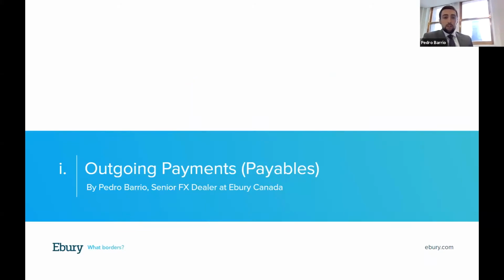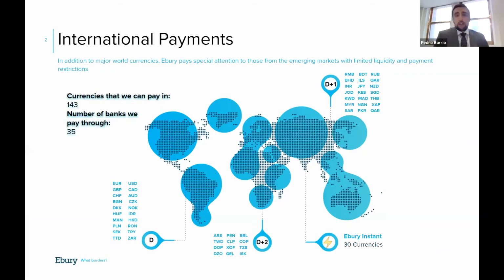So going to the first part, outgoing payments. Ebury, obviously having our FX capabilities, for which we're renowned, has very strong transactional capabilities worldwide in terms of doing payments, with correspondent banks working with us as well.